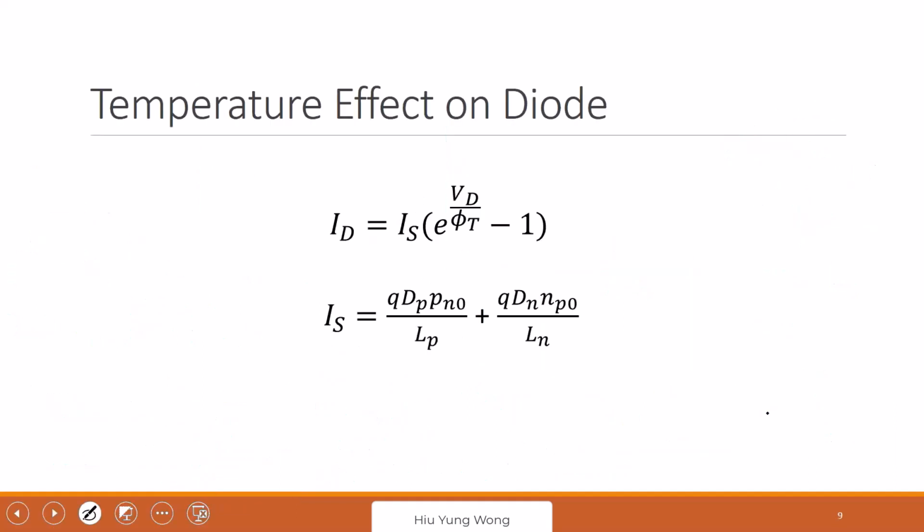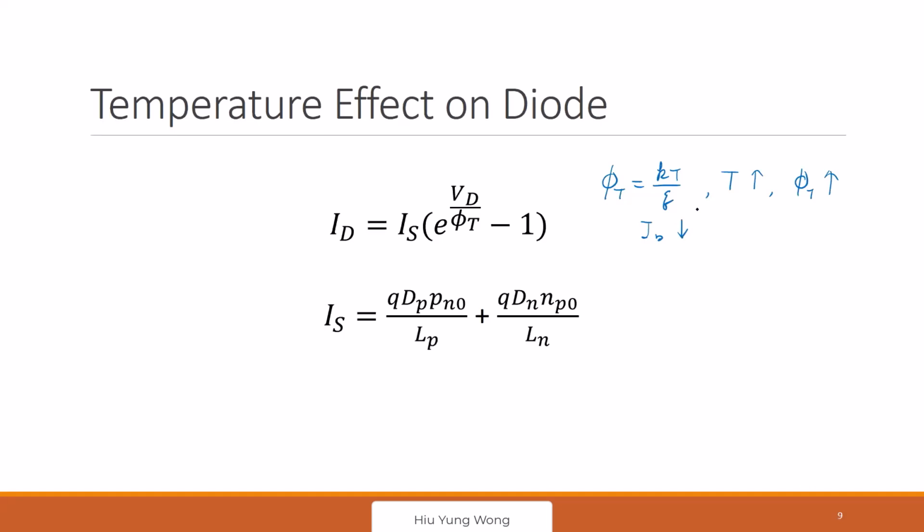Also want to say that the diode's equation, of course, depends on temperature. Why? First of all, phi t is kT over q, right? Definitely when temperature increases, phi t increases. As a result, the current will decrease.